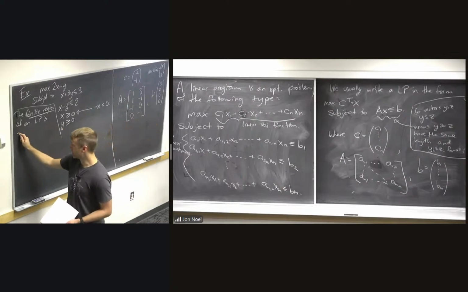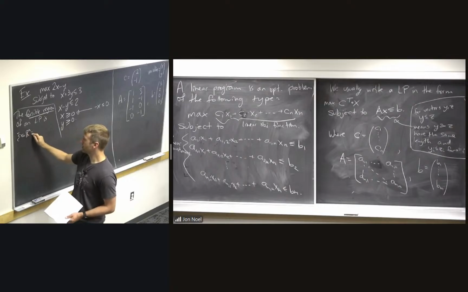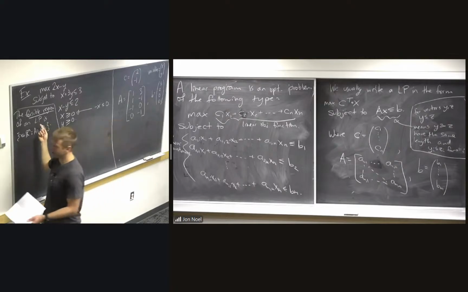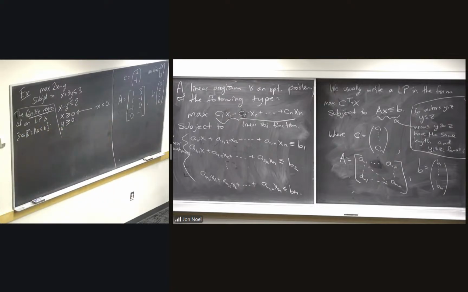So it's the set of all x in R^n such that Ax is at most b. Okay, so when I'm saying that, I mean the feasible region for this linear program is just the set of all x that satisfy the constraints.